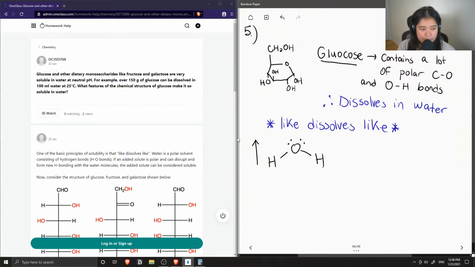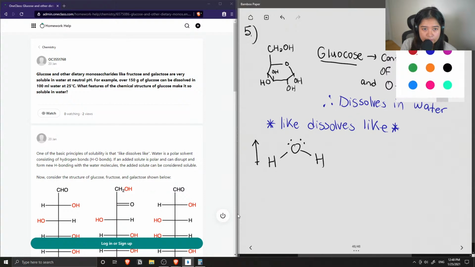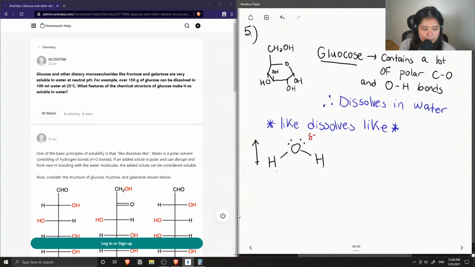So there's going to be an overall dipole moment going towards the direction of the oxygen, and this leaves the water molecule having a partially negative side and partially positive sides. So this is what makes water polar. And since glucose also contains a lot of these polar bonds, it can dissolve in water.